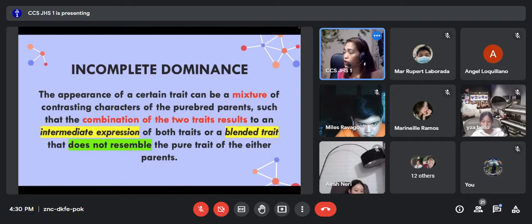Red and white will result to pink. Okay? So it does not resemble the pure dominant and the pure recessive.